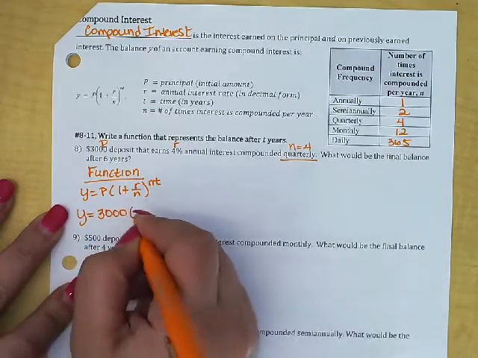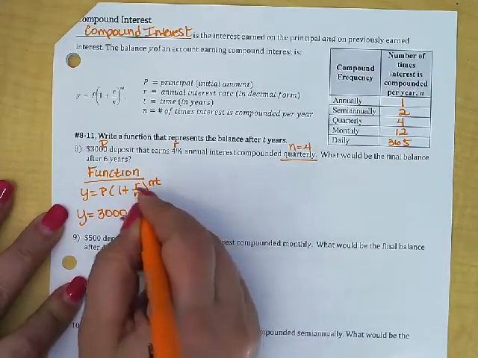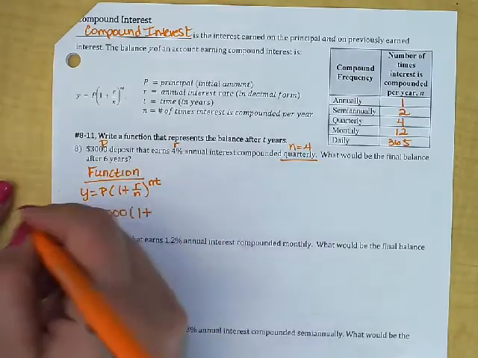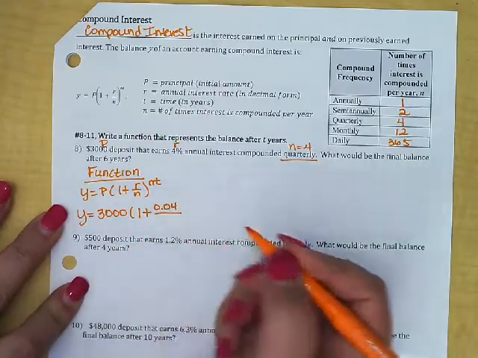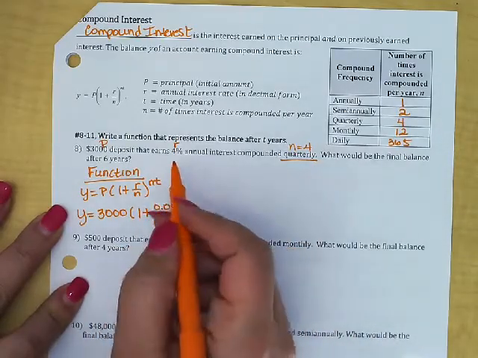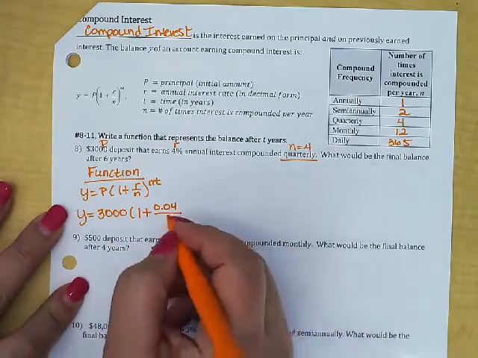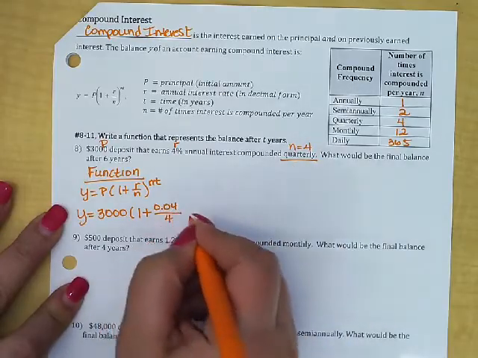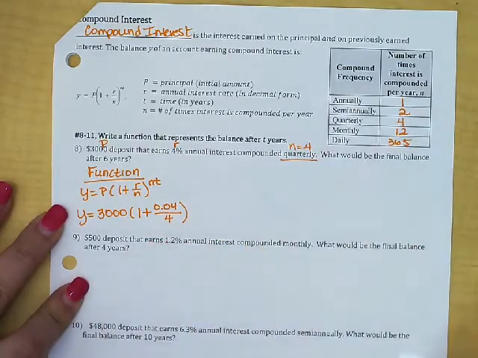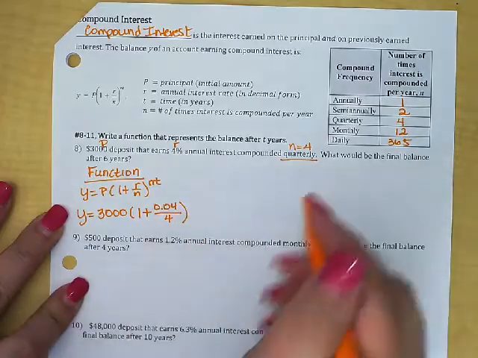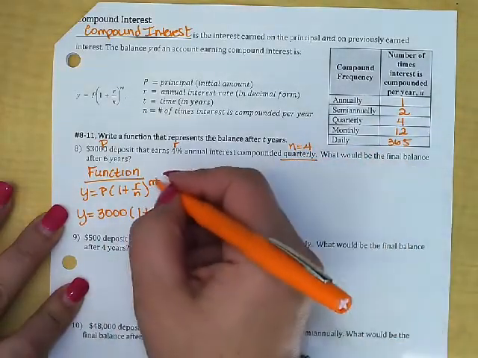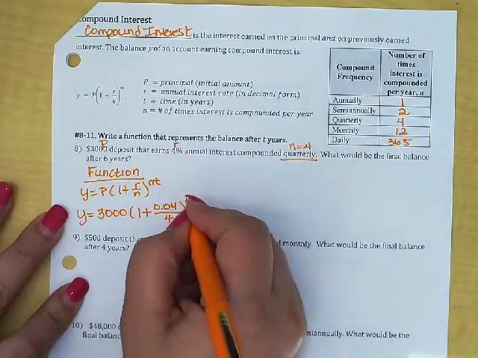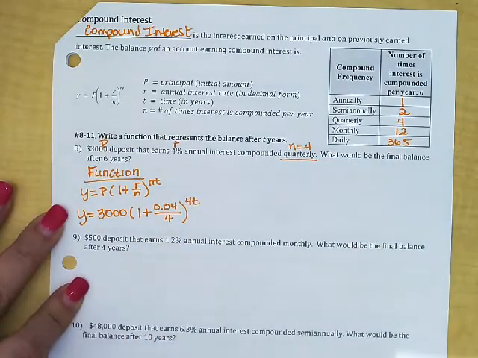That's what you're starting with. 1 plus, and then instead of just being the decimal like it was a minute ago, we're going to write the rate as a decimal, but we'll divide it by N, which is how many times it's compounded. And then in our power, we're going to have N times T. Well, T is still going to be our input or our dependent variable, but if N is 4, then it's going to look like that.